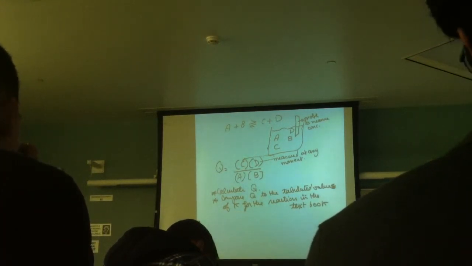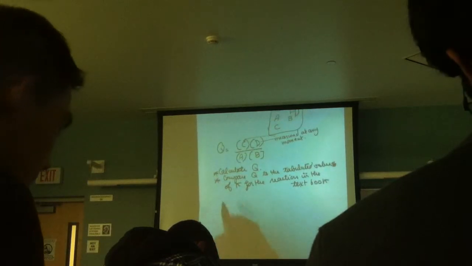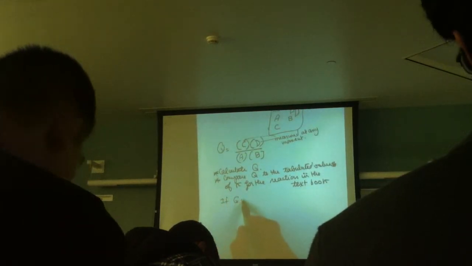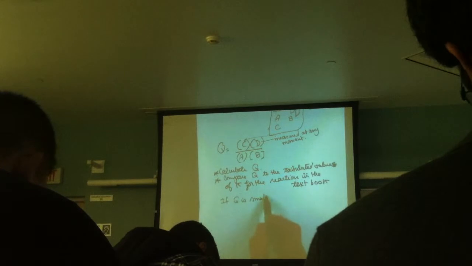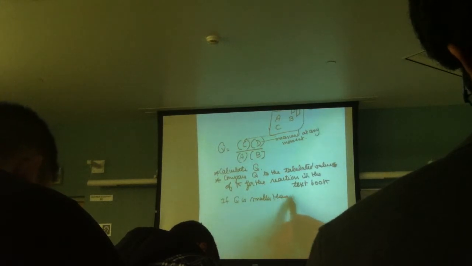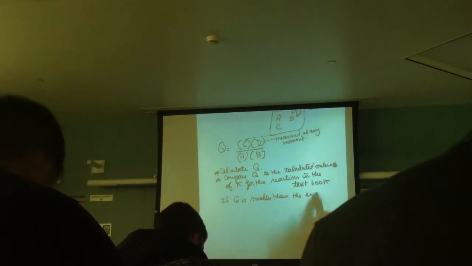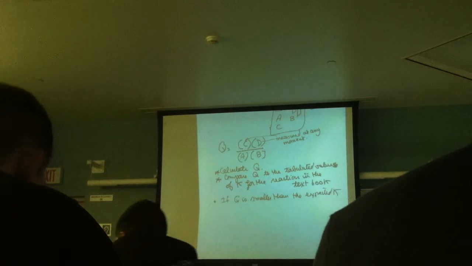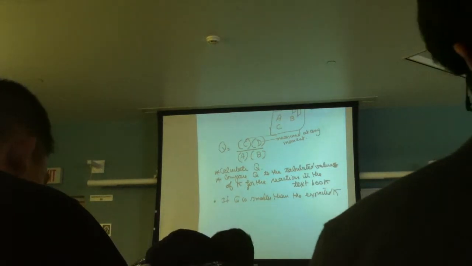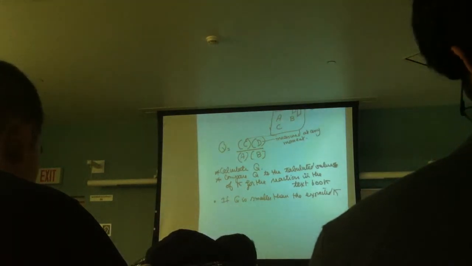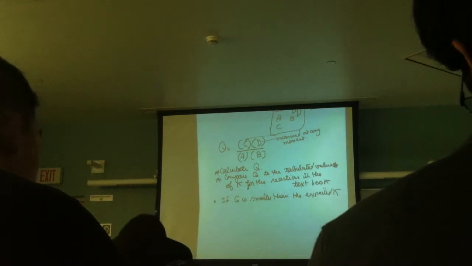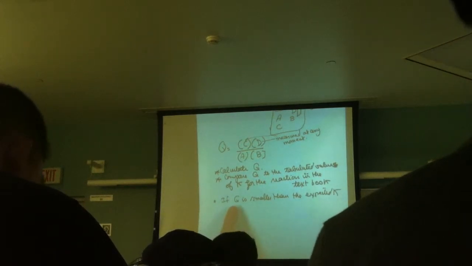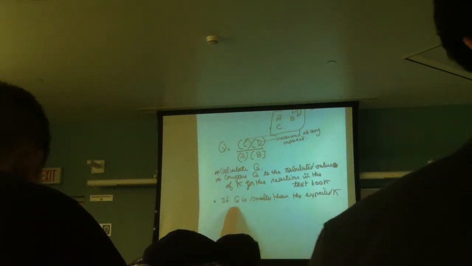So on page 6 at the bottom, if Q is smaller than the expected K, what does that mean? Ready? Q is small. What do you think is small?